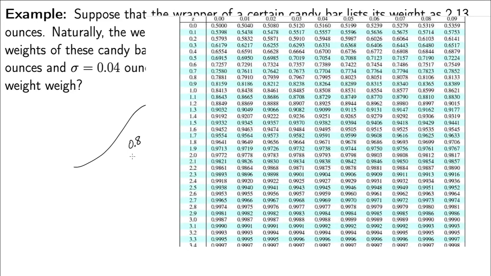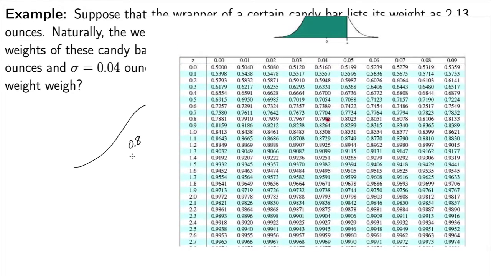And notice that I've got right here something bigger than 0.7995 but smaller than 0.8023. So I know it's somewhere in between, so that's a z-score of 0.84 or 0.85.